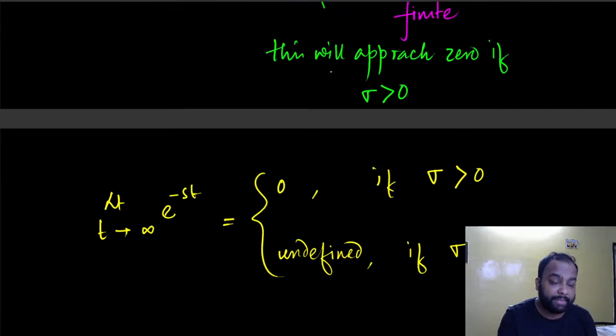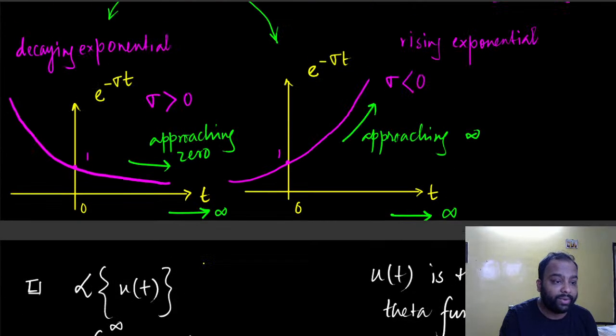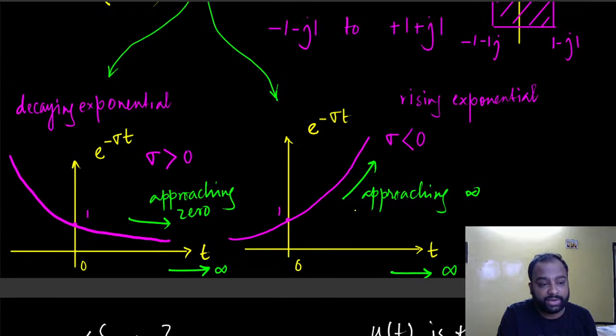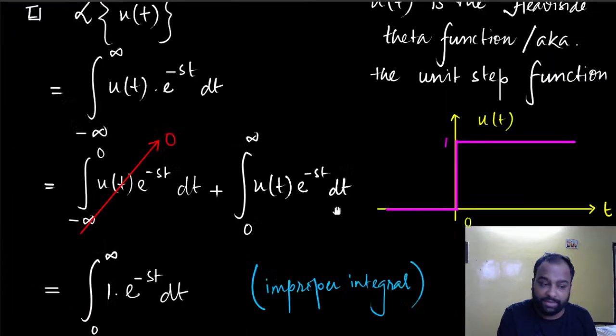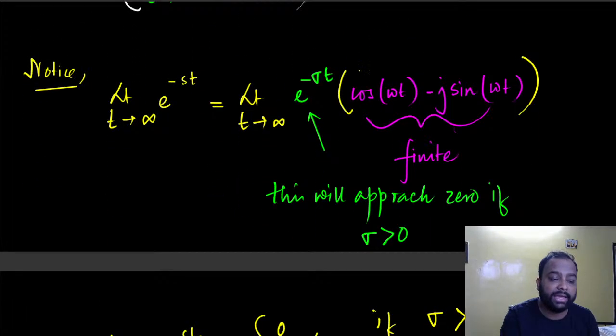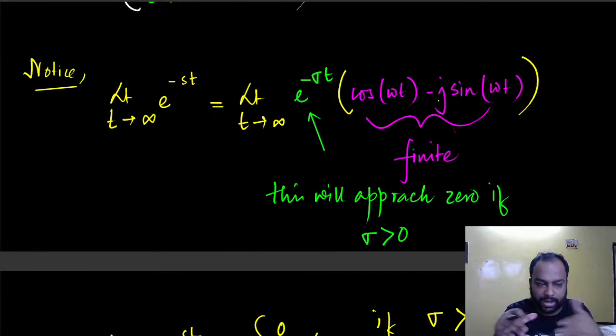So again, if sigma is less than 0, then what happens? As t approaches infinity, e to the power minus sigma t becomes positive infinity, and in this limiting situation I have positive infinity multiplied with some random finite complex number, varying between -1 and +1j, like that, right?